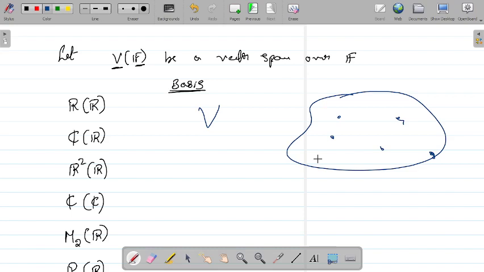For example, you look at R2, I'll give you just two elements, that is (1, 0) and (0, 1). So with these two I can give you any element. For example, I'm asking (5, 10). So what will I do? 5 times the first plus 10 times the second gives me (5, 10).